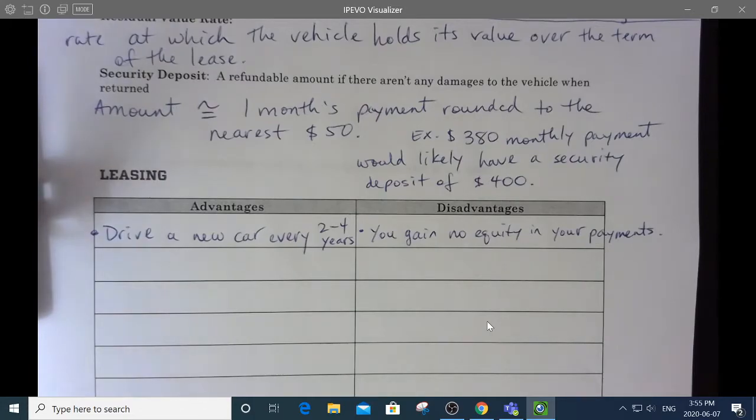One of the things that you basically are paying for is the fact that after you're done leasing it, they can't sell the car for as much as it's worth to sell right now. But on the other hand, you're not really out of pocket for that amount of depreciation because you're not stuck with that vehicle.